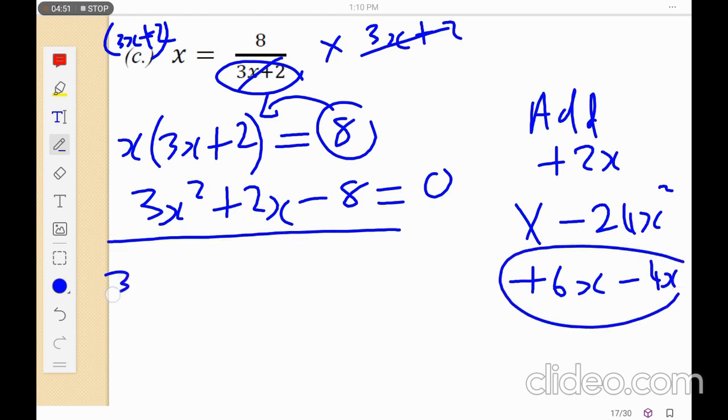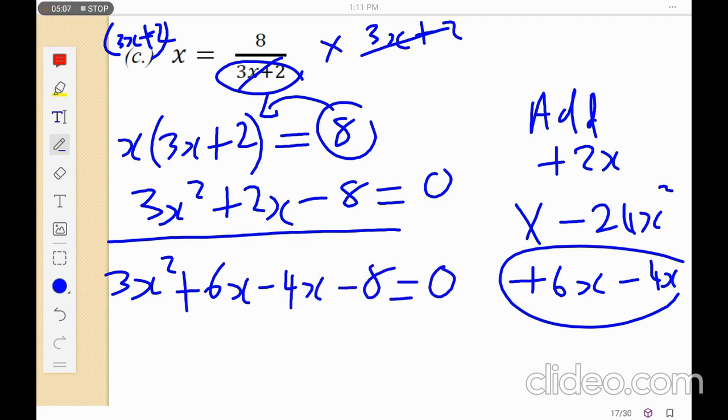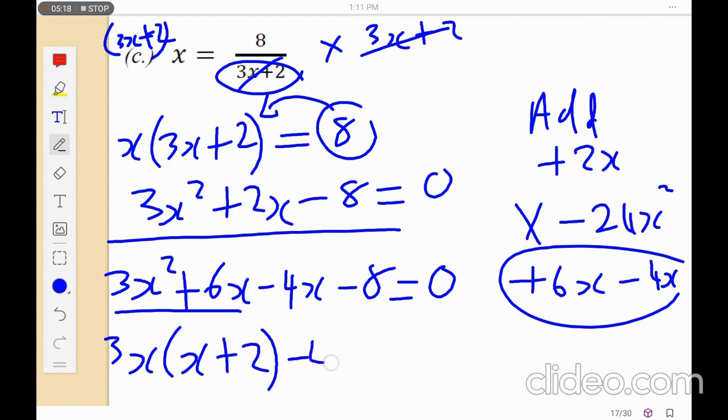I'll have 3x squared plus 6x, then minus 4x minus 8 is equal to 0. Okay, then I can take out factors. Here I've got a common factor of 3x, and I'll remain with x plus 2. The other one, I can also take a common factor minus 4, and I'll remain with x plus 2. This is equal to a 0.